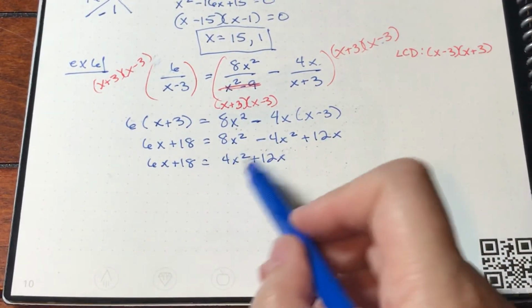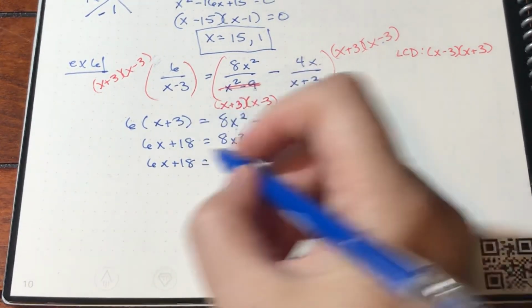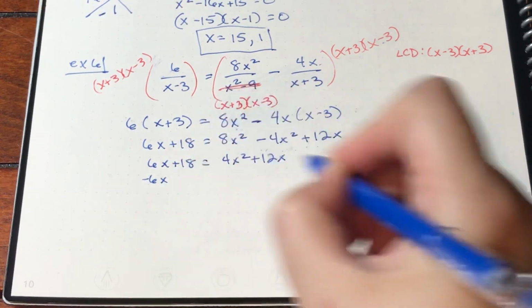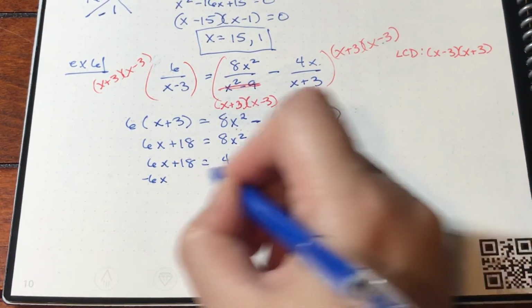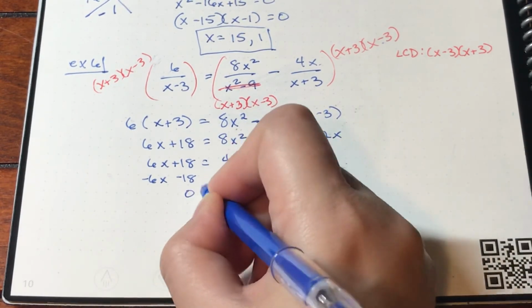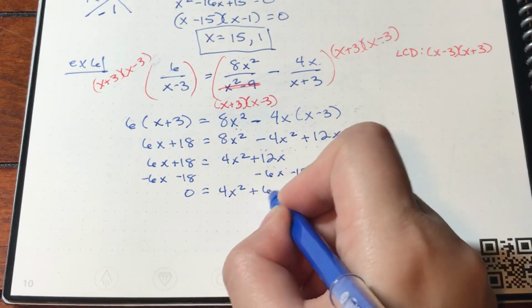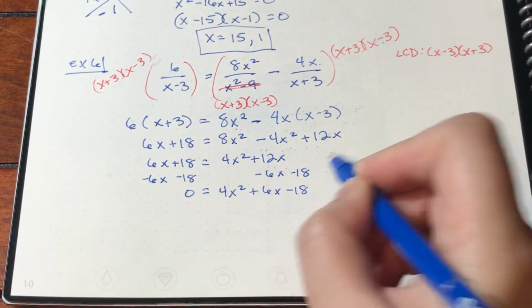And then again, I have this x squared, which means it's a quadratic. So I'm going to make it equal to 0 and factor, hopefully. So 0 equals 4x squared plus 6x minus 18.